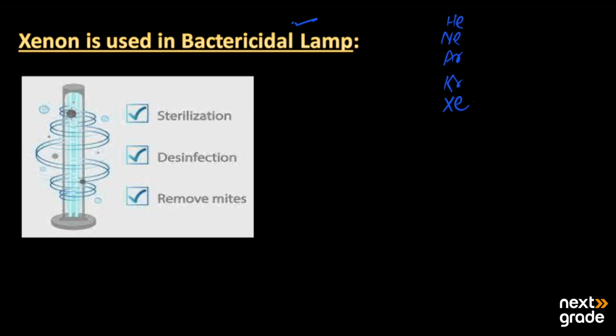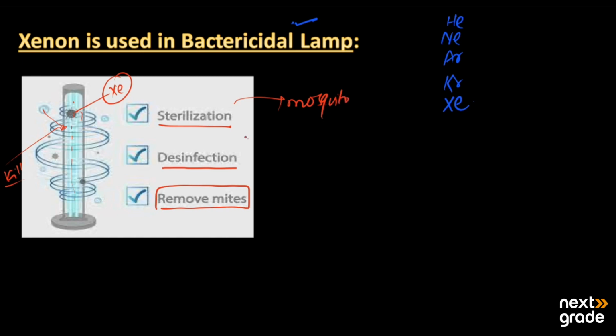These lamps are filled with xenon gas, which is used for sterilization. It is used in disinfection, and it is also used to remove mites. All the mites that come in contact with this may be killed. It is also used to remove mosquitoes as well as different types of flies, called house flies, from the surface.